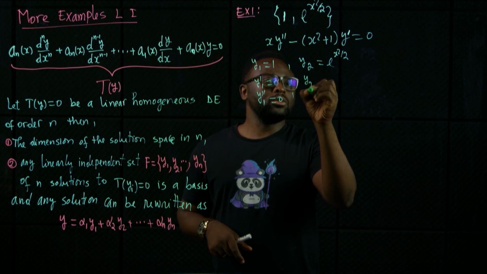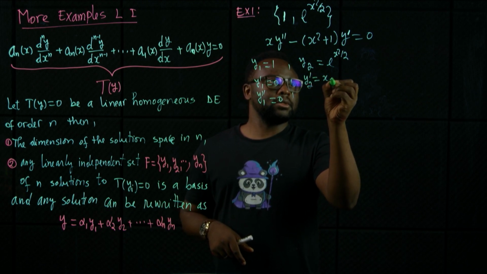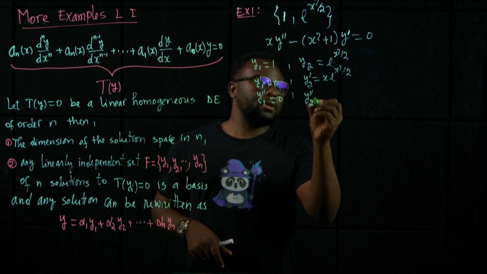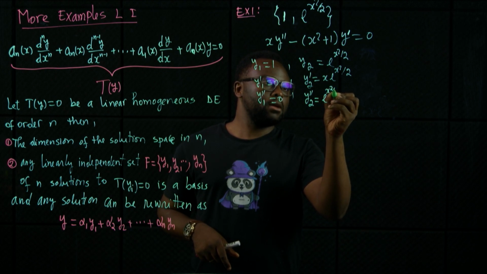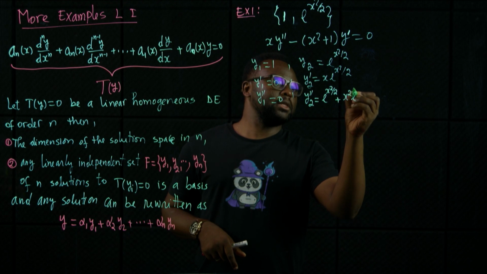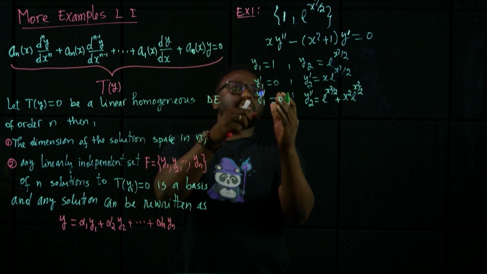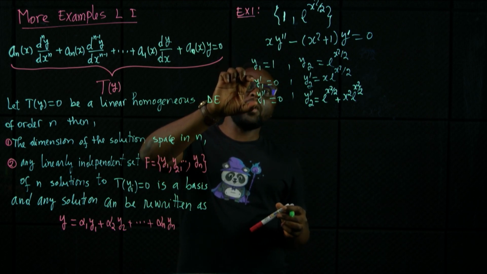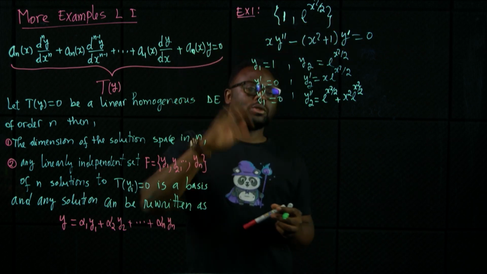So y2 first derivative is x times e to the power x squared over 2, and the second derivative is e to the power x squared over 2 plus x squared times e to the power x squared over 2. If we substitute the first one, y1, here, we have 0 minus 0 equal to 0, so this satisfies.